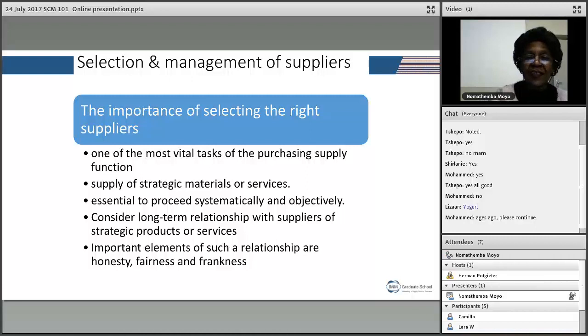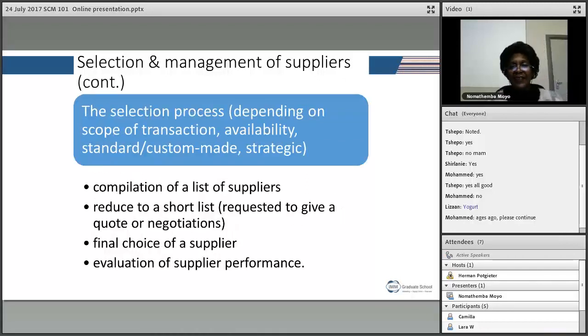One of the most vital tasks of the purchasing supply function is supply of strategic materials and services, so it is essential to proceed systematically and objectively. Consider long-term relationships with suppliers of strategic products and services. Important elements of such a relationship are honesty, fairness, and frankness. That's why it's important to select your suppliers and manage them well.